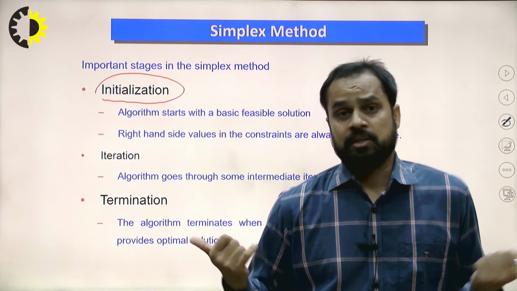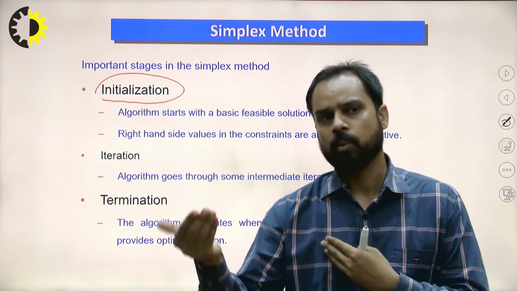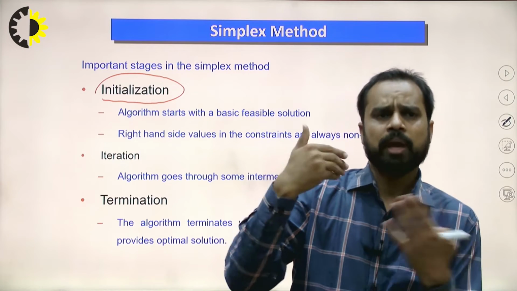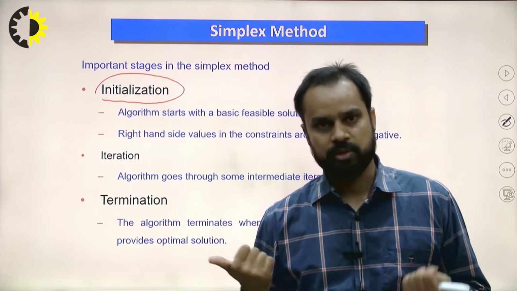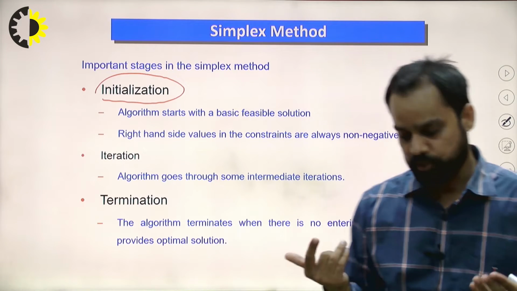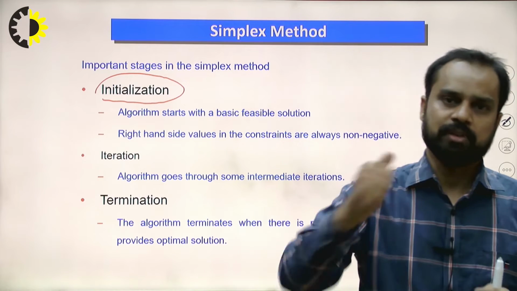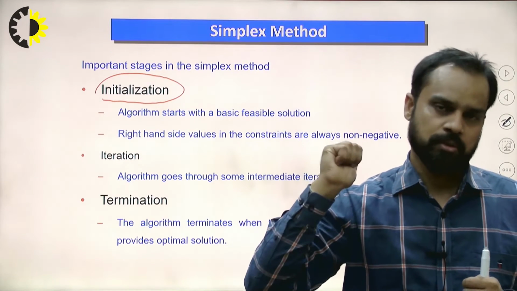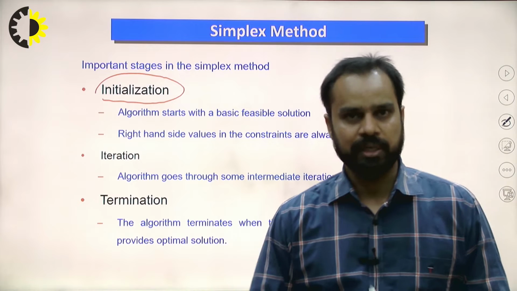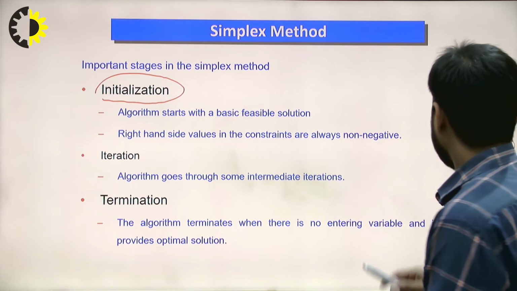After that come the iterations. The number of iterations required depends on the problem, and the algorithm goes through intermediate iterations so that we are able to get the optimal value. Termination: the simplex method has a termination criterion. Once we reach the optimal solution, we can terminate. So these are the basic stages of the simplex method.